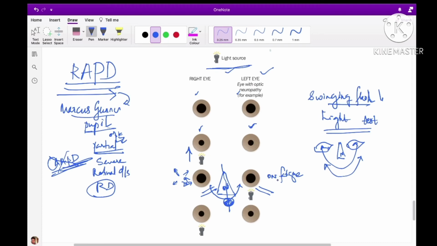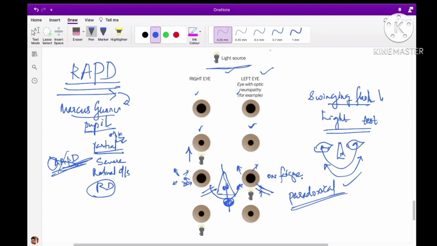The pupil responds weakly to stimulation of the diseased eye and briskly to that of the normal eye. So here it is a weak response, here a brisk response. Because of that weak response, when we show the light to the diseased eye also, it will continue to dilate. So it is paradoxical, isn't it? It's a paradox. We are expecting it to constrict, but it is dilating.